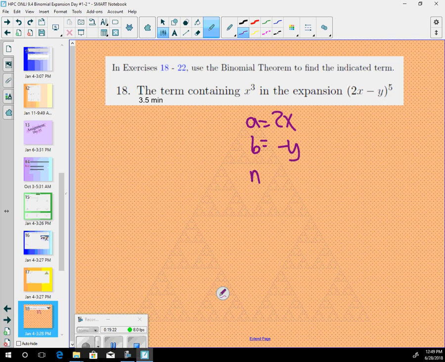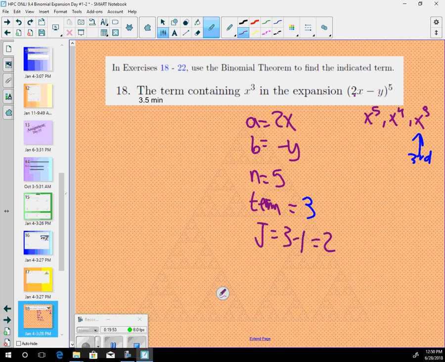The number of terms, or the power, is 5, and the term number we have to figure out. So if you take (2x) to the 5th, it's going to be x to the 5th, then it'll be x to the 4th, then it'll be x to the 3rd. So it looks like this is going to be the third term. So j is going to be 3 minus 1, or 2.